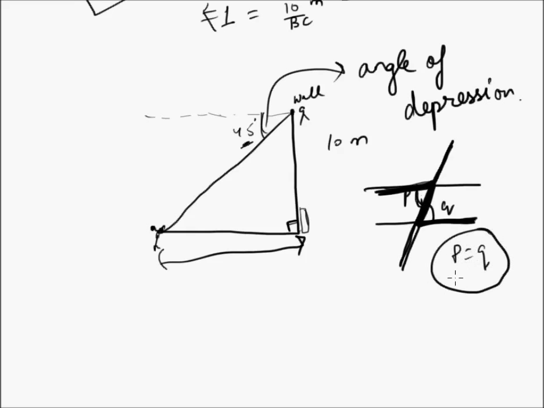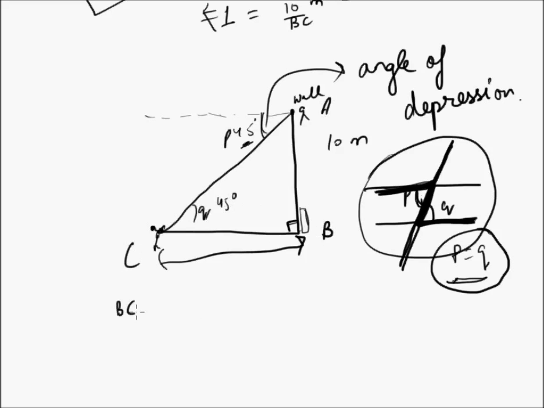You will study the reason in the chapter triangles. So using this theorem, the angle P and Q here are same, that is 45 degree. Now we have to find out this BC line.